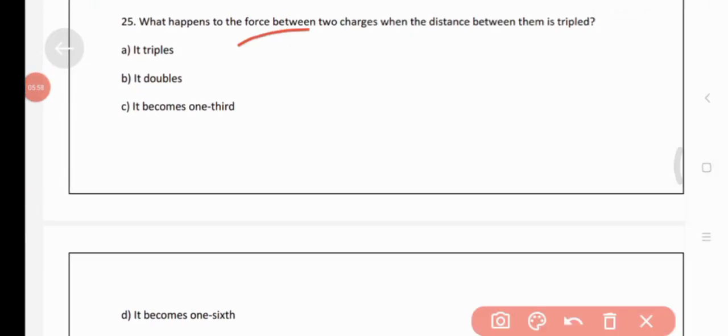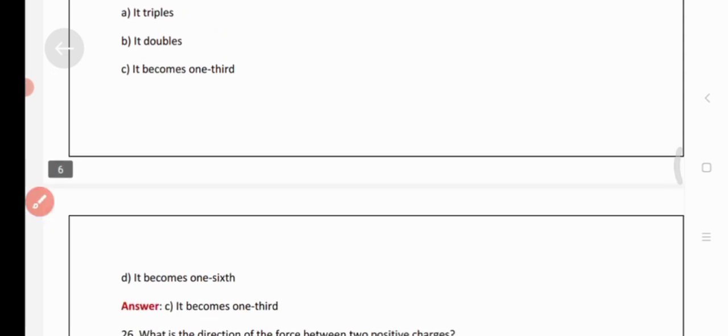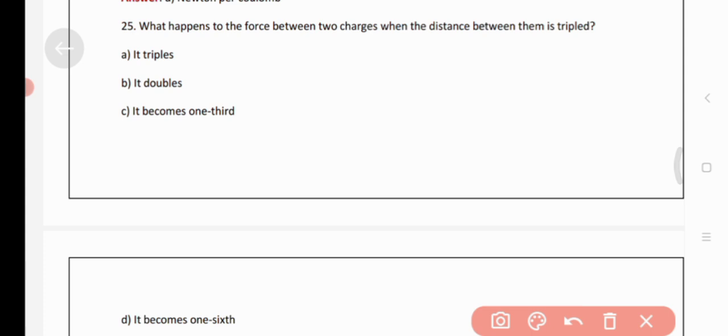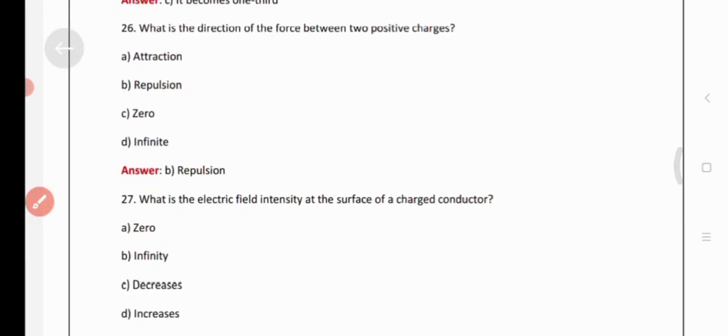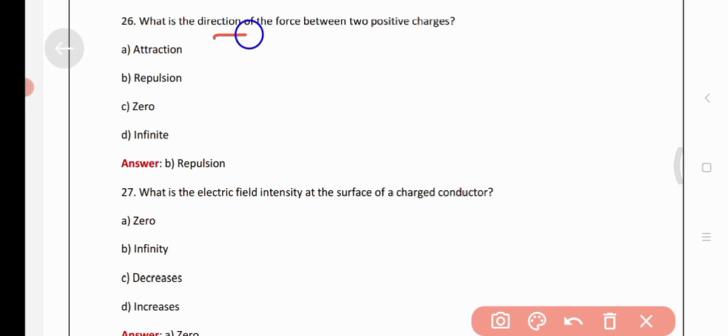What happens to the force between two charges when the distance between them is tripled? Option C, it becomes 1/9. What is the direction of the force between two positive charges? Option B, repulsion.